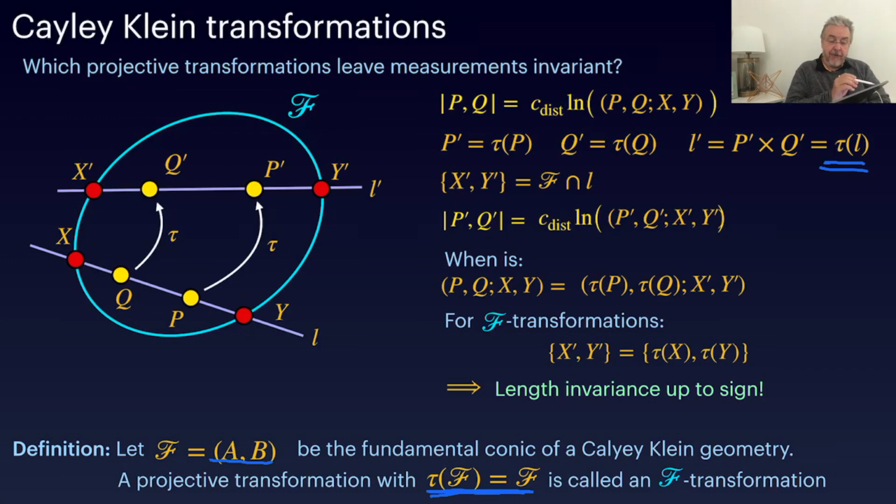So the question of studying transformations that leave distances and angles invariant is reduced to those transformations that leave F invariant. In the Perspectives of Geometry book, you will also find a proof that this characterization is one-to-one, so you can also prove that all the transformations that are distance and angle preserving are actually such F transformations.